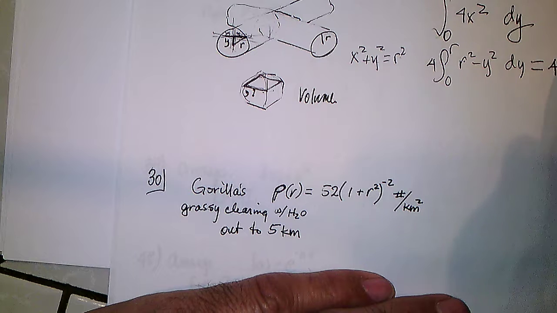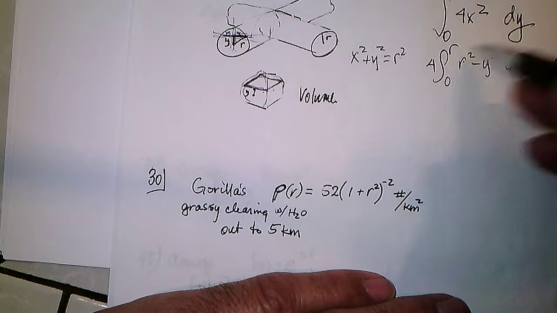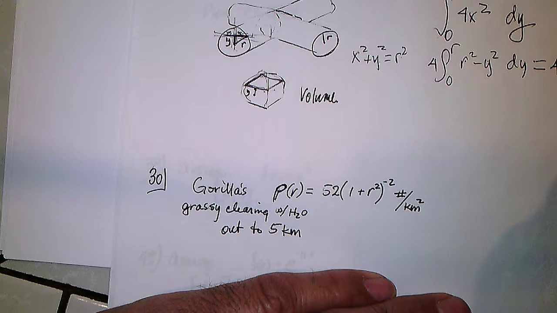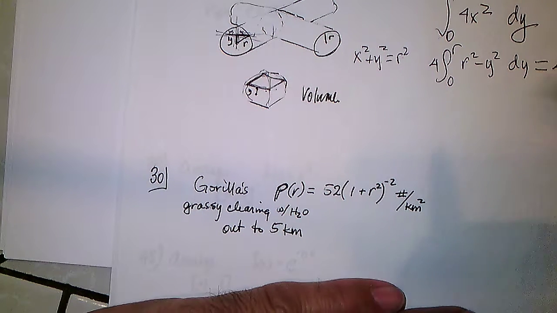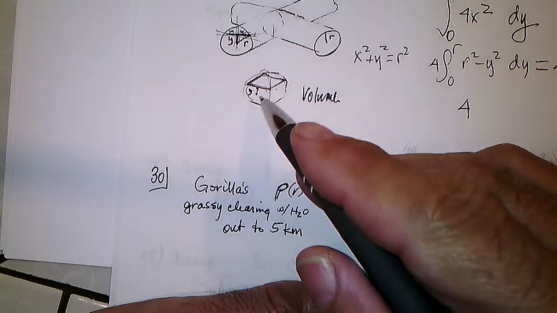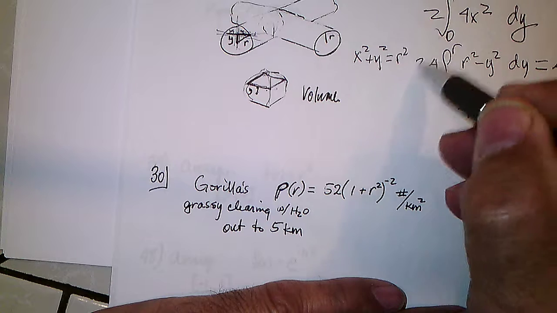To integrate that, it's going to be r squared y, a constant, like 3 integrated is 3y. R squared integrated is r squared y, and this is minus y to the third over 3, evaluated from 0 to r. So we get 4. Oh, I said there was symmetry, and we were only going to do it from 0 to r, so I got to double this. I almost forgot to double it.